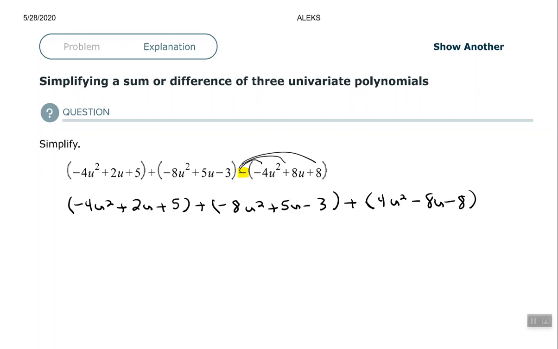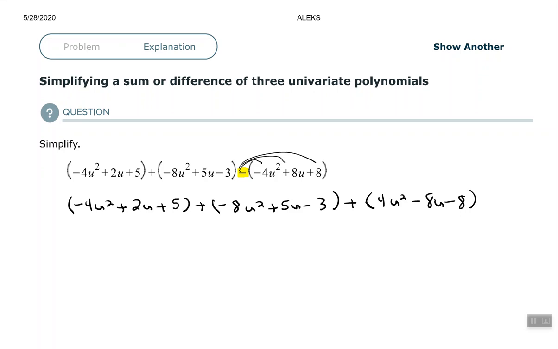So that will make that plus, and we'll change all of those signs in the third parentheses. So positive 4u squared minus 8u minus 8.